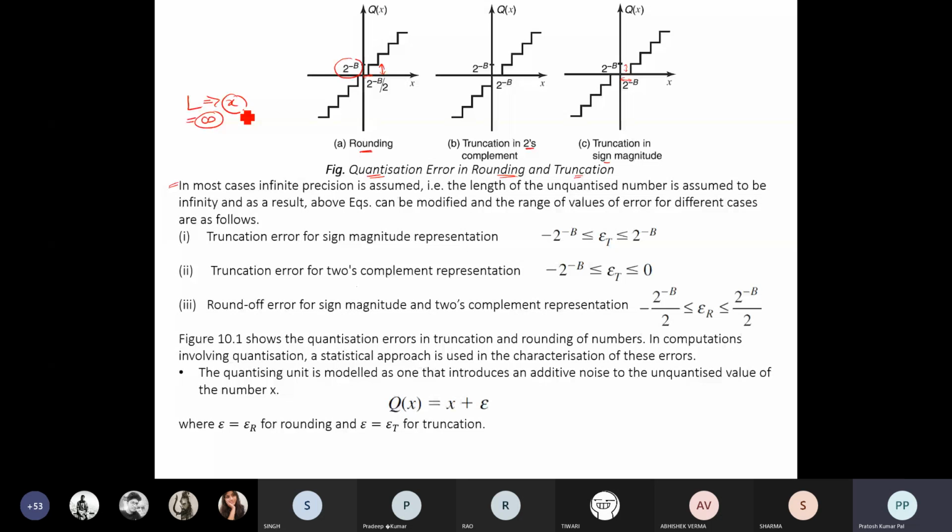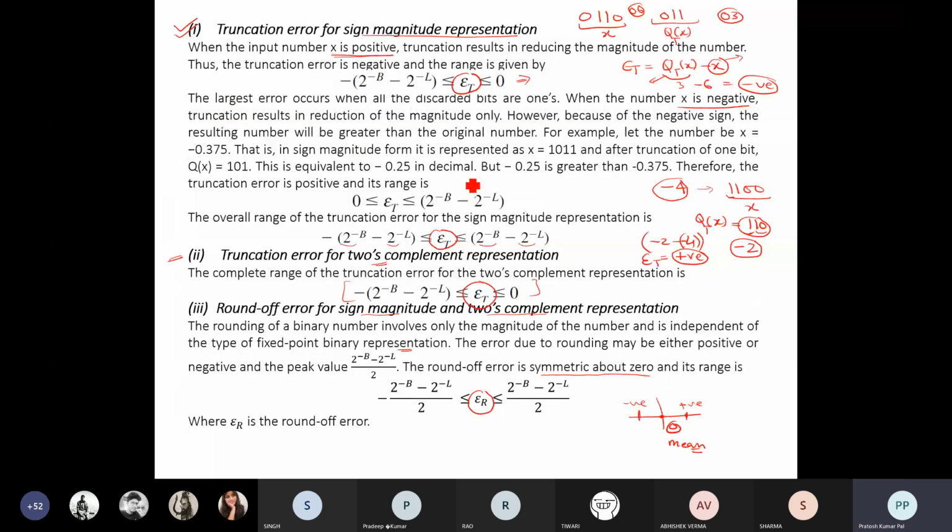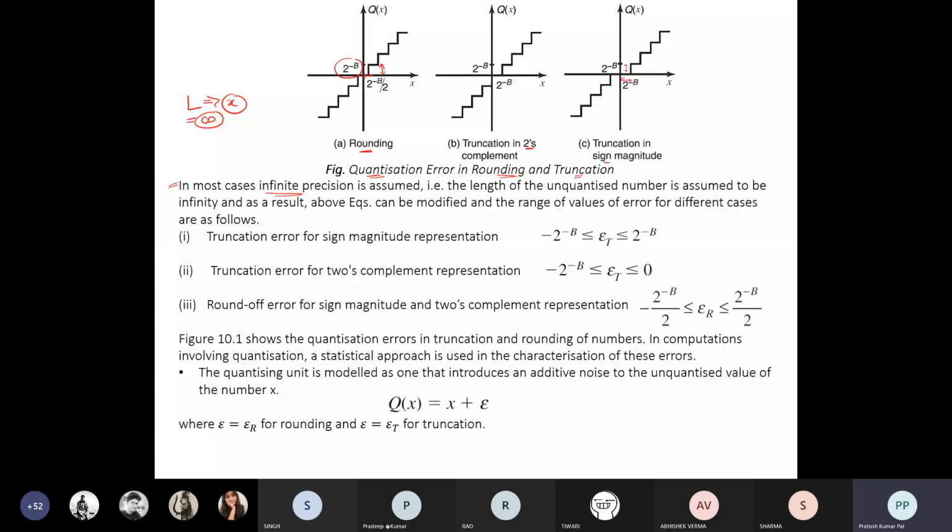If we consider this length is infinite, then in all the error expressions that we have found, 2 to the power minus L will be 2 to the power minus infinity, which equals 0. So this 2 to the power minus L term will become 0 because we are considering infinite precision. That means it is having an infinite number of bits, an infinite number of bits are representing a number.